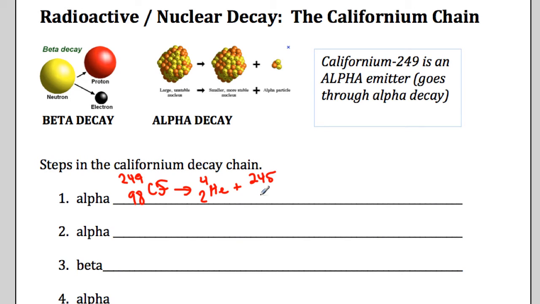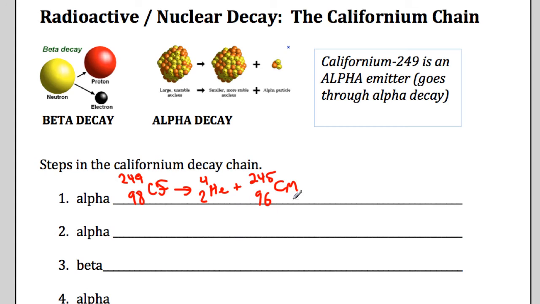Now 245 is the mass number, but the atomic number is now 96. We had 98 protons. We lost 2 of them that went flying out in the alpha particle, left behind 96. And if you look on your periodic table, 96 is the element curium.